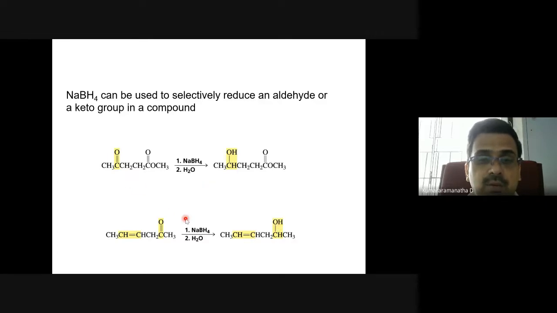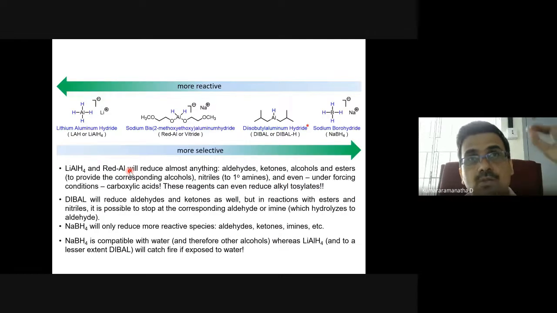If you take lithium aluminum hydride, everything will be reduced. So the important take-home message is that lithium aluminum hydride is very reactive, and sodium borohydride is weak compared to lithium aluminum hydride, but it gives very good selectivity.